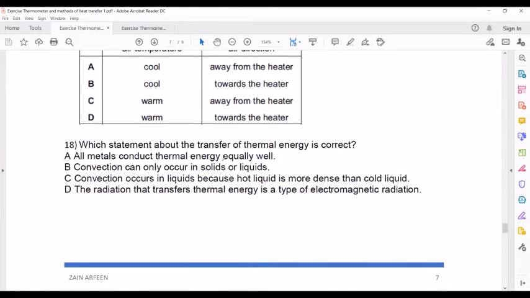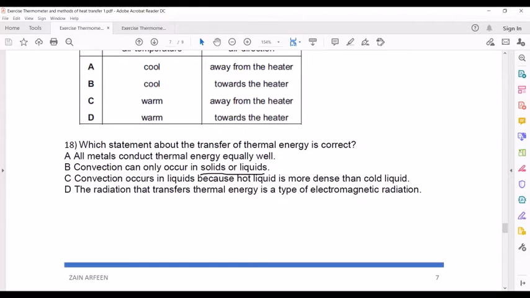All metals conduct thermal energy equally well. Convection can only occur in solids or liquids. So in which material can convection occur? Convection occurs actually in liquids and gases.